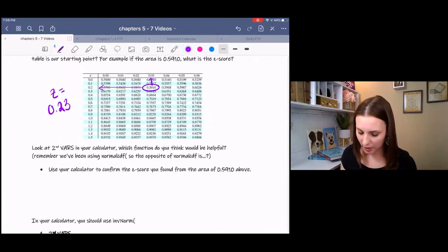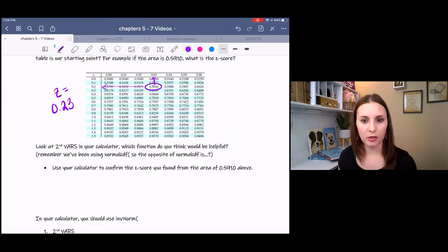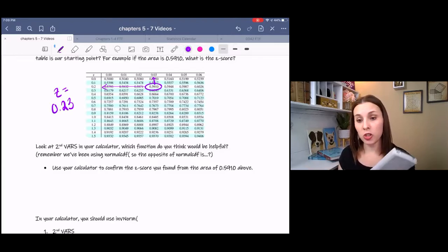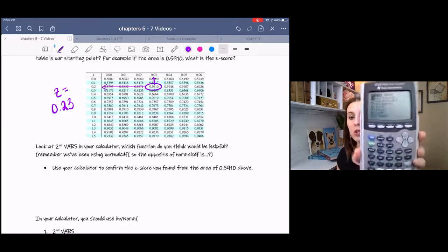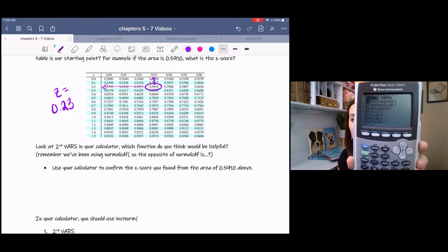And if we look in the calculator, obviously we can do this in the calculator. So if you go to second vars, which function, if we've been using the normal CDF, do you think would allow us to work backwards? So these are your options.